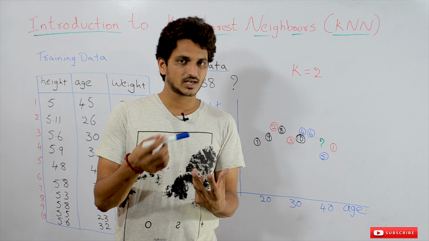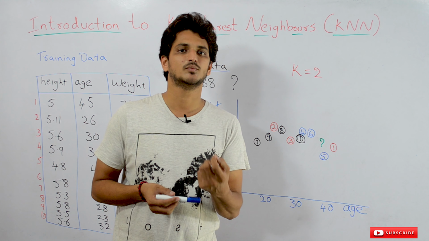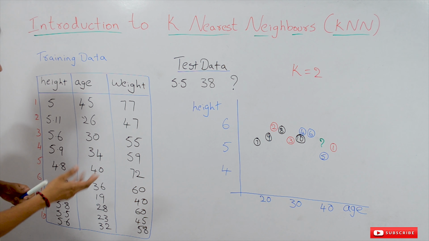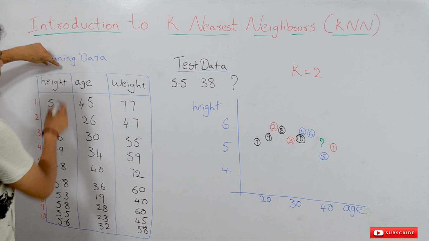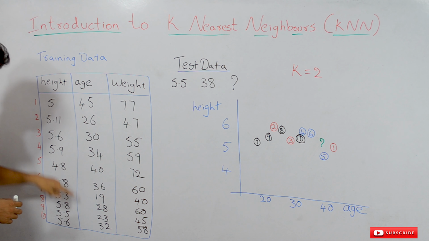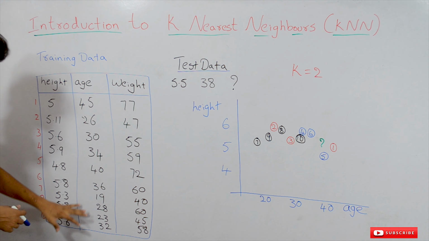If a model works based on input-output pairs, we call it a supervised learning model. This we clearly discussed in our previous class on supervised learning models. So here the inputs are height and age, and weight is the output. For simplicity we are taking only 10 data points. This is the training data set.